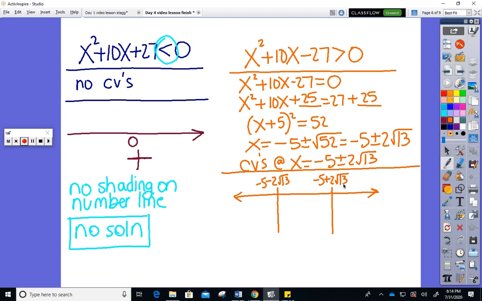I'm going to suggest that you go big with this because people will get too hung up on what they're doing. I know 2 square root 13 can't be all that big, so why don't I make this something like negative 100 and positive 100? I'm pretty dadgum sure that negative 5 plus 2 square root 13 is nowhere as big as 100. So 100 is a quick and safe entry into the sign chart.